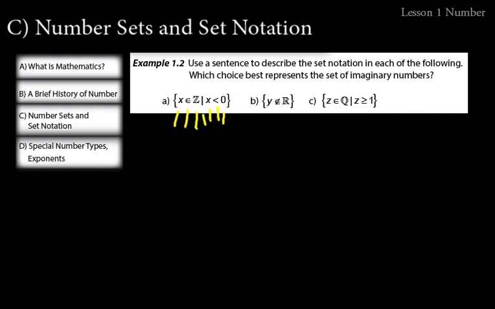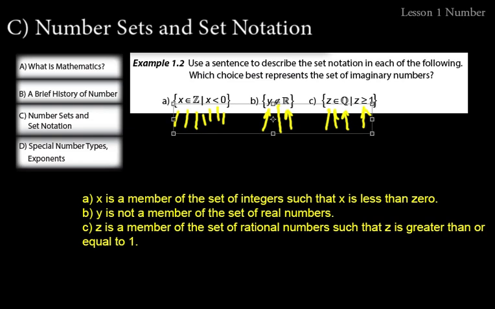Then look at B. y is not a member of R, the set of real numbers. That symbol means the set of real numbers. y is not a member of the set of real numbers. And then C, z is a member of Q. That stands for the rational numbers, a set of rational numbers such that z is greater than or equal to 1. So just take some time and write those sentence forms out for each of those.